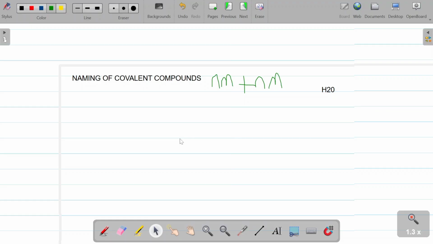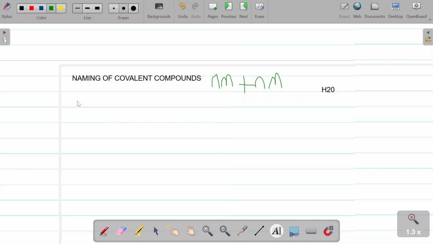In ionic compounds, we saw it in BaCl2. We didn't include the number of atoms of chlorine because we didn't rate it, as the Gen Z would say. So in covalent compounds, we put some effort to include the number of atoms. So we need to learn some of the prefixes that we use to represent the number of atoms.